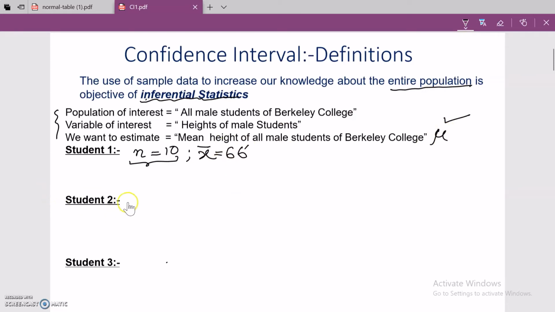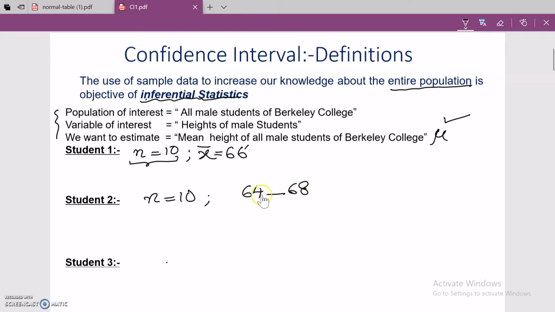Let's say another student raised his hand and said, Professor, I have another idea. I have also sampled 10 students. Let the sample size be 10. I come up with the following estimate: I think the average height of all the students is from 64 to 68 inches. Now look at the answer he gave me.